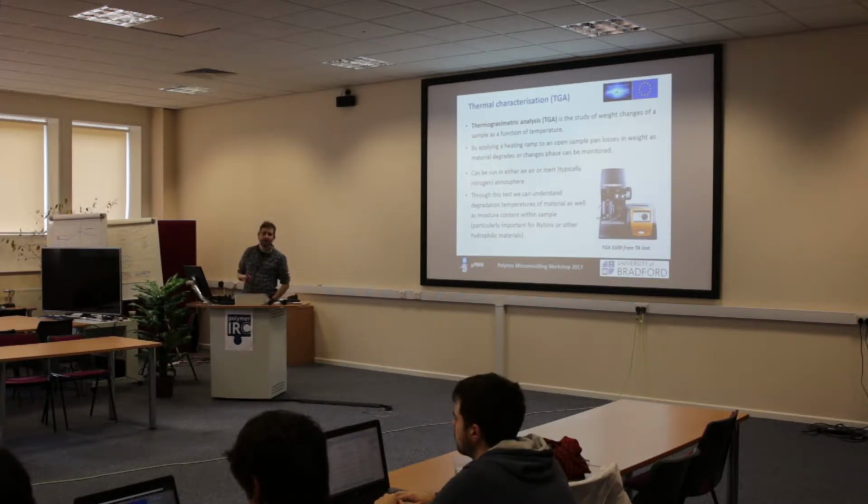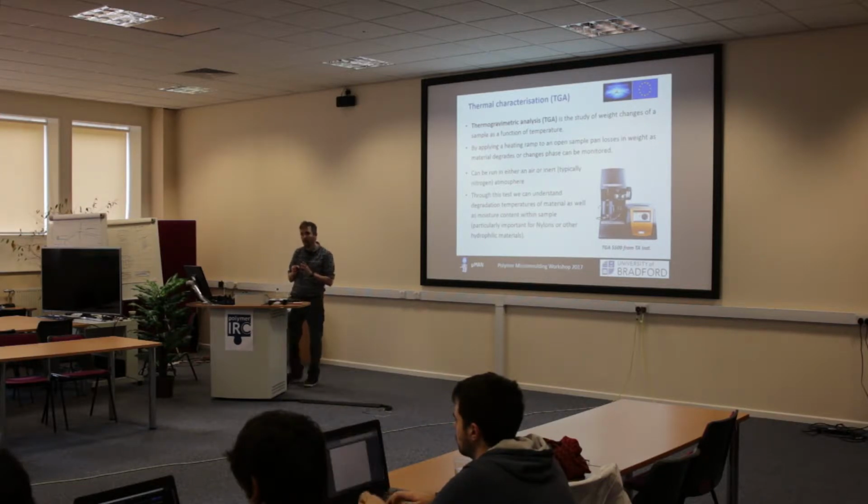Some polymeric materials, nylons, polyethylene terephthalates (PETs) and others, are very hydrophilic. They will take moisture in from the atmosphere and hold it within the polymer itself. This can cause real processing problems.